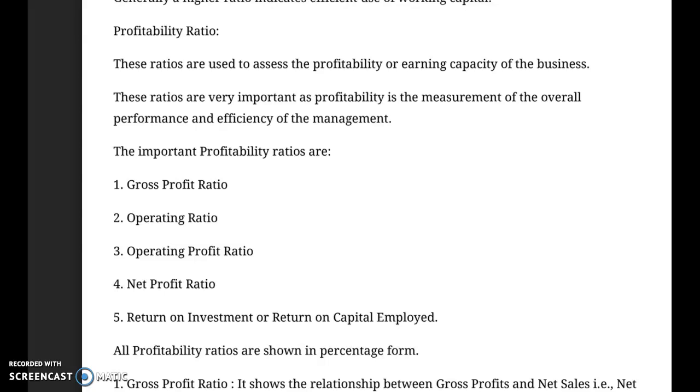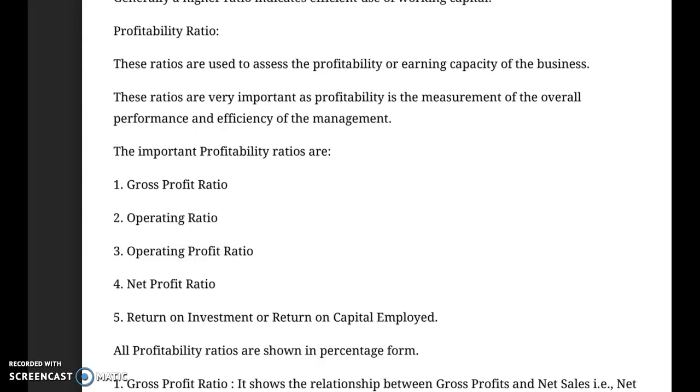Now we will discuss the final category of ratios, that is the profitability ratios. First of all, understand what we mean by the profitability ratios. Profitability ratios are those ratios which are calculated in order to assess the profitability or earning capacity of the business.